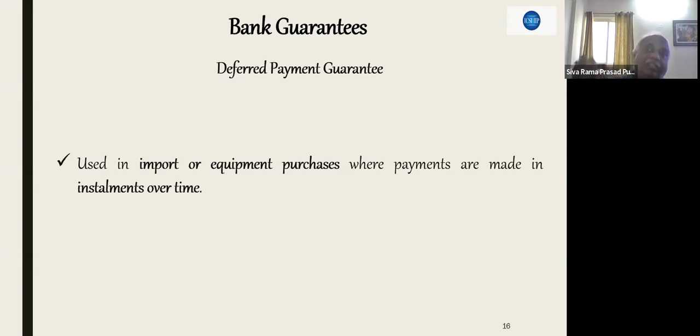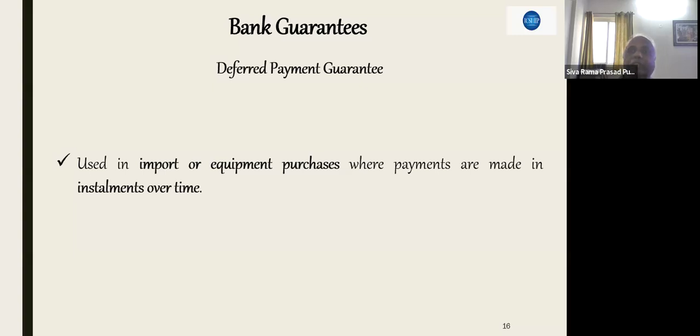As long as the borrower is paying the installment, there is no obligation on the part of the bank. If the 15 years installment on a quarterly basis means 60 installments paid, then there is no problem for the bank. And if one installment is not paid, immediately the next day, the supplier will inform the bank: you have issued the DPG guarantee, the borrower has not paid, please pay the installment.